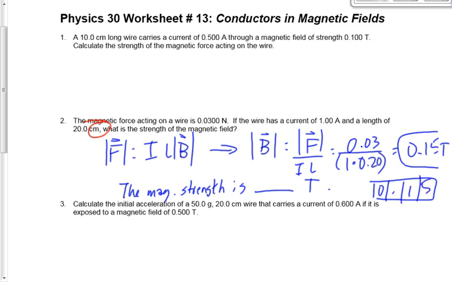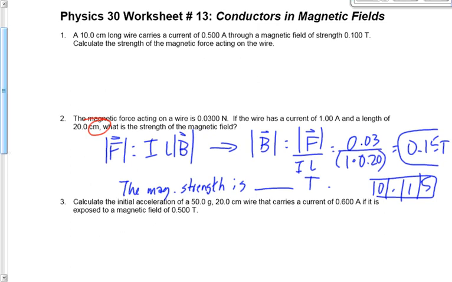If it said the magnetic field strength is A decimal B C times 10 to the D or B times 10 to the W or whatever, Tesla, then you'd have to fill it in using scientific notation. Okay? It does matter, though. Okay, it does matter. You can't just fill it in any way you want, but it's not necessarily going to be my way. It just depends upon how they ask it.